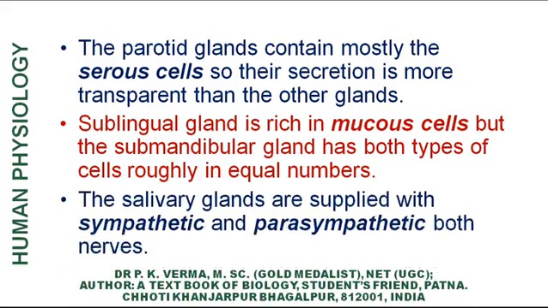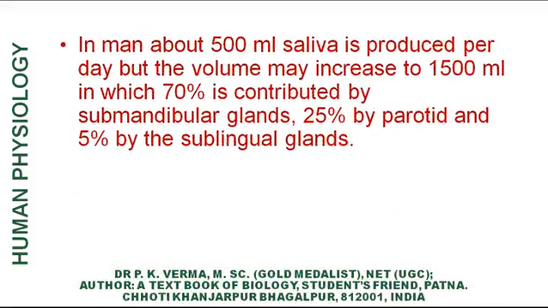The salivary glands are supplied with both sympathetic and parasympathetic nerves. In man, about 500 ml of saliva is produced per day, but the volume may increase to 1500 ml, of which 70% is contributed by the submandibular glands, 25% by the parotid gland, and 5% by the sublingual gland.